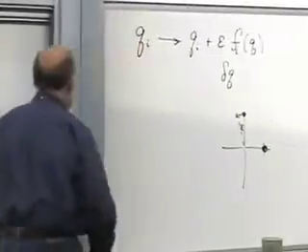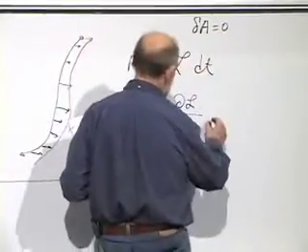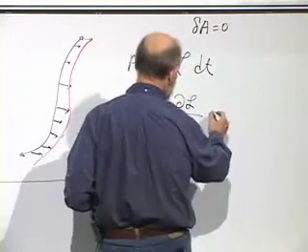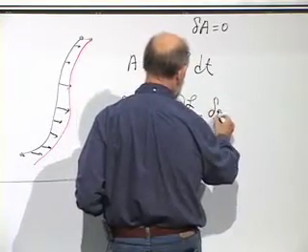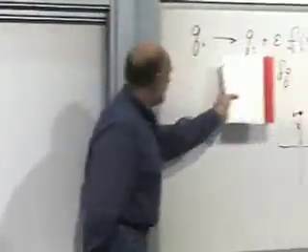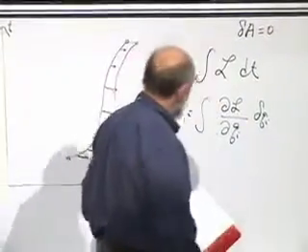That's this. Let's just write delta q sub I. But here is delta q sub I right here. Okay, and then what else?